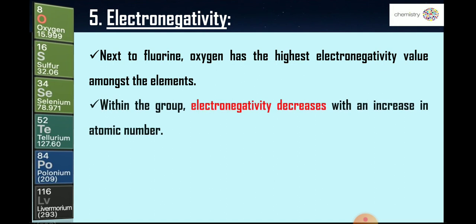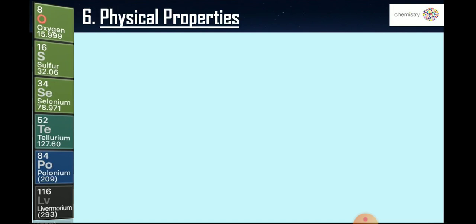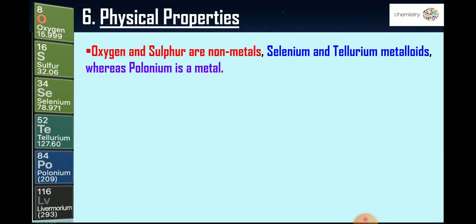And down the group, electronegativity decreases as the atomic number and atomic size increase. These are a few periodic properties of chalcogens, the oxygen family: electronic configuration, atomic radius, ionization enthalpy, electron gain enthalpy, and electronegativity.